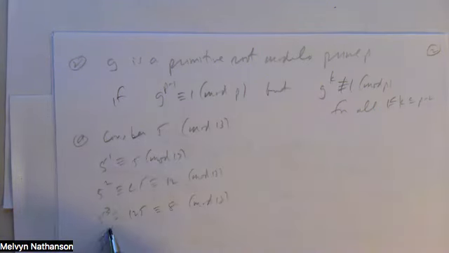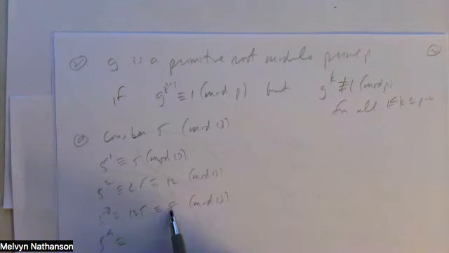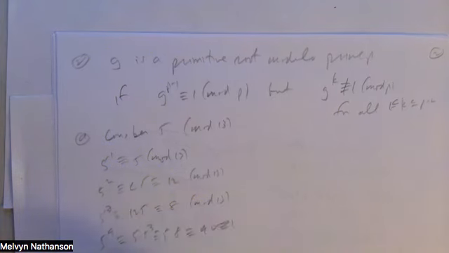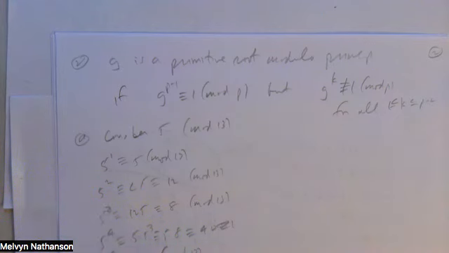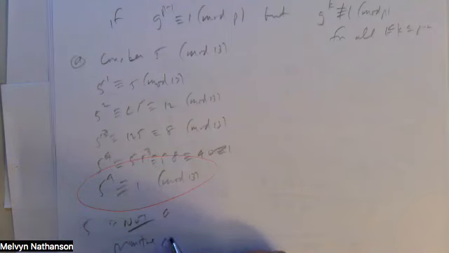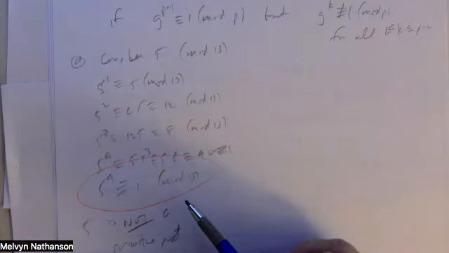So far, so good. 5 to the fourth power is 5 times 5 cubed, which is 5 times 8, which is 40. But 40 is 1 mod 13. So 5 to the fourth power is 1 mod 13. 4 is less than 12, so 5 is not a primitive root.